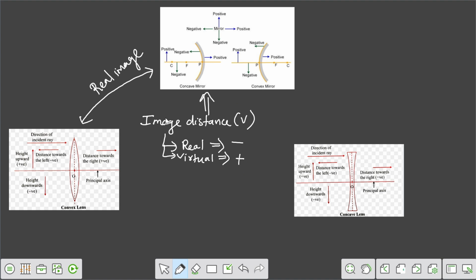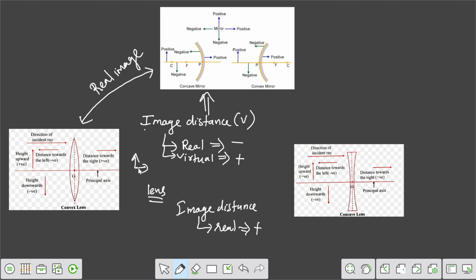Now what about lenses? Let's talk about lenses. So image distance. Only convex gives you real image. So where will you get it? On the right side. So real image is plus. Right side is plus.